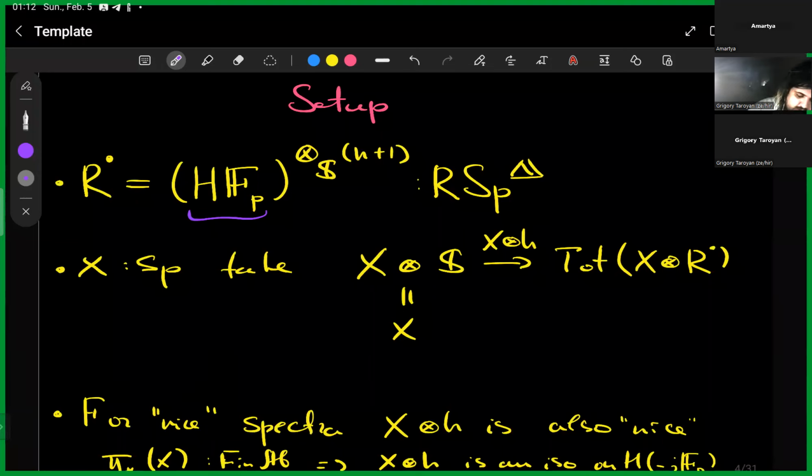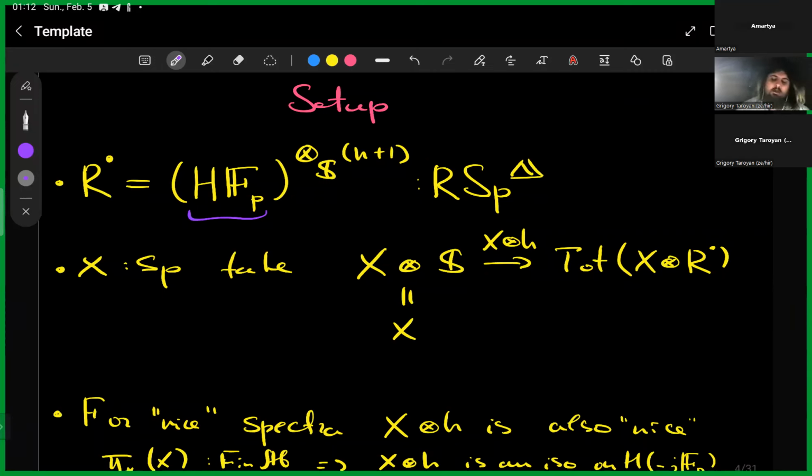So if the spectrum X is sufficiently nice, this map is also sufficiently nice, meaning that, for example, if homotopy groups of X are finitely generated, we obtain the completion map.